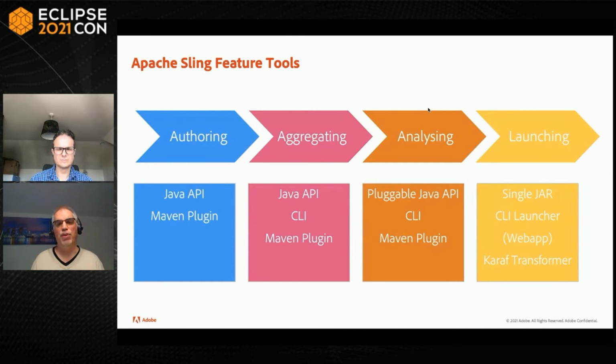Once you have aggregated everything that you want to use later on, then it's probably good to analyze these features. And that's, I think, one of the most important phases, at least it turned out for us, because you can now basically validate that feature against several rules before you actually launch it, and therefore ensure that the whole feature, your application, will work at runtime.